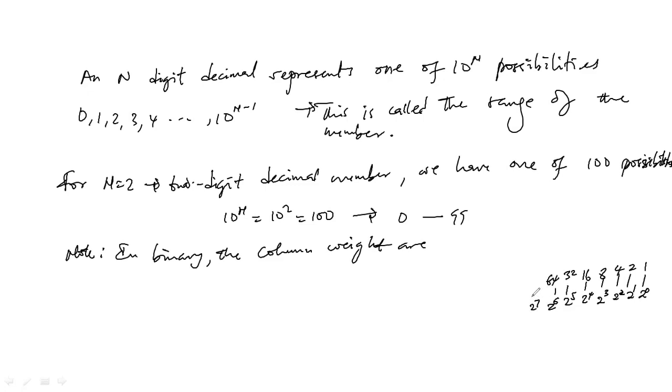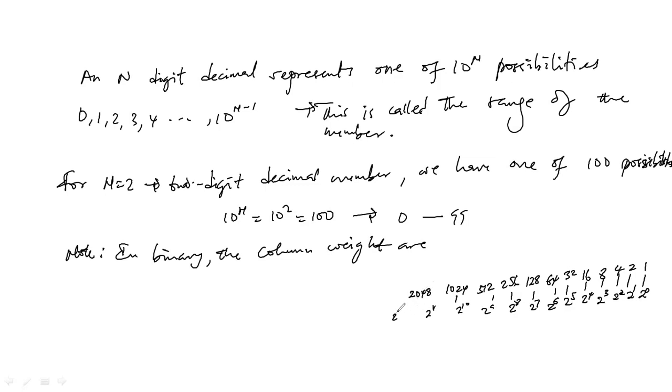And 2 to the power of 7 is 128. And 2 to the power of 8 is 256. 2 to the power of 9 is 512. 2 to the power of 10 is 1024. 2 to the power of 11 is 2048.